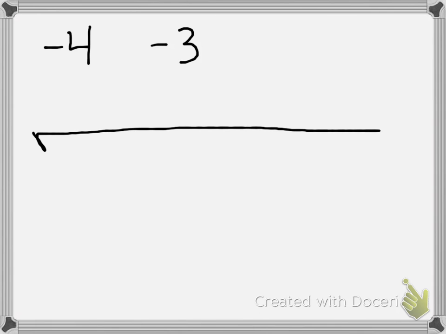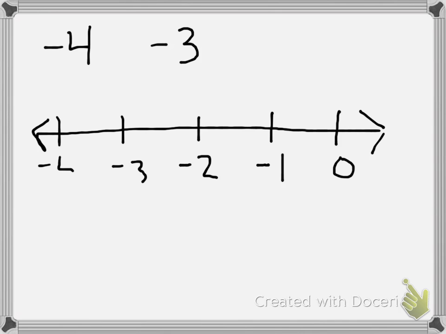If I have a -4 and a -3, I need to kind of visualize that on a number line. So here's my number line. I'll put 0 here, -1, -2, -3, -4.